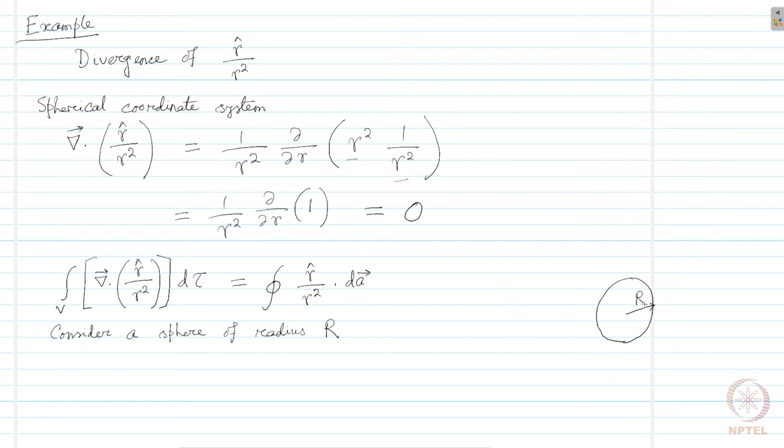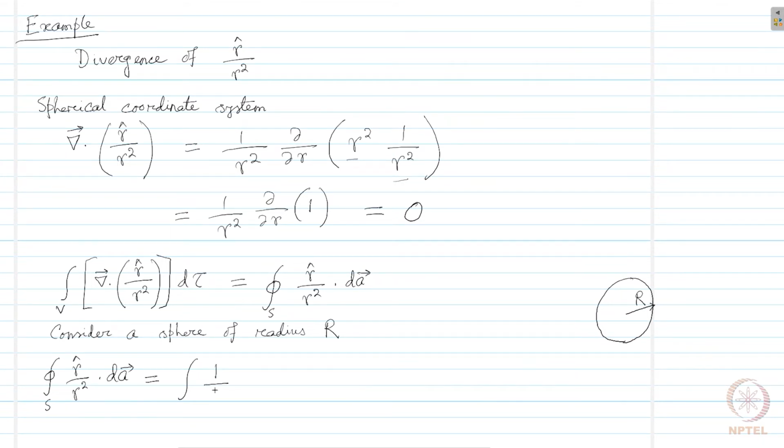If we have to calculate the surface integral, let us write it down this way: r cap over r squared dot dA. This is given as integration. So, it is the spherical surface. So, we will put the expression of dA for the spherical surface.